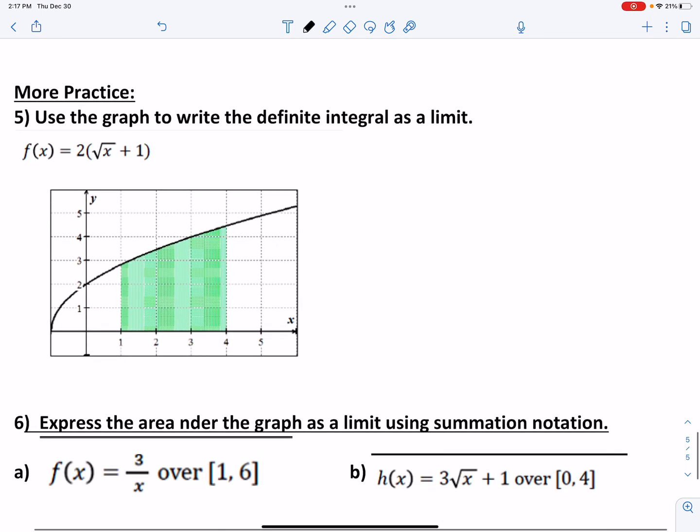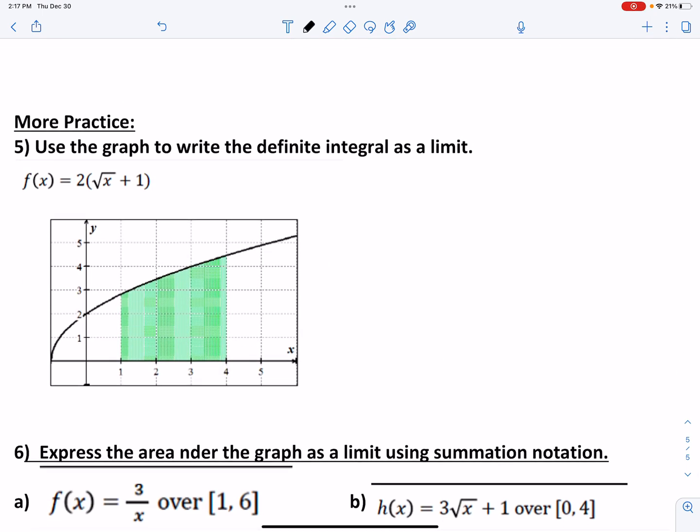And if we ever have to write a picture into a definite integral as a limit, well, first, this represents the area under the curve from 1 to 4. So the definite integral is easy. The delta x is b minus a over n, which gives us 3 over n, since 4 minus 1 is 3.